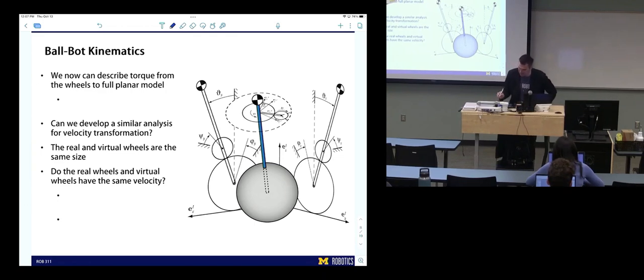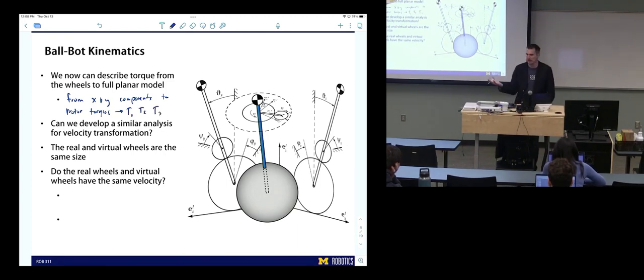So we can now describe torque from the wheels to the full planar model. So we can go from X and Y components to motor torques V1, V2, and T3.